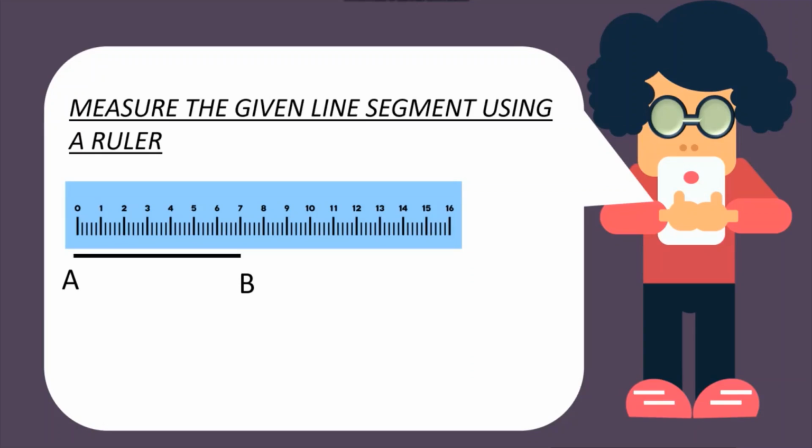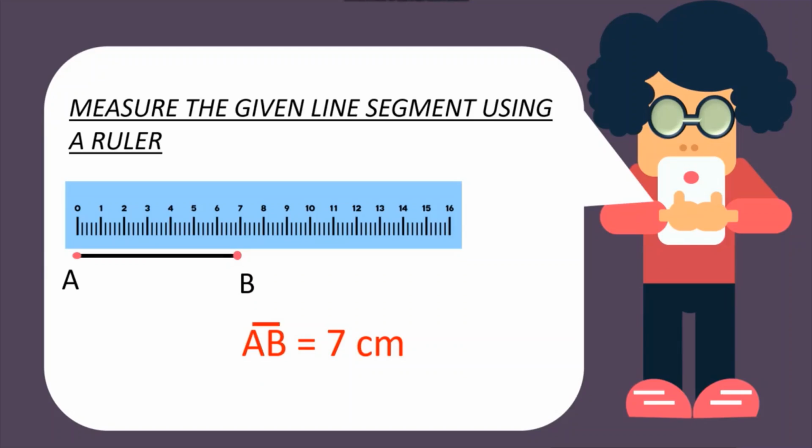Place the scale in such a way that the 0 mark of the scale coincides with point A. Let us see at which number on the scale does point B lie. Point B is at 7 centimeter. So the length of the line segment AB is equal to 7 centimeter.